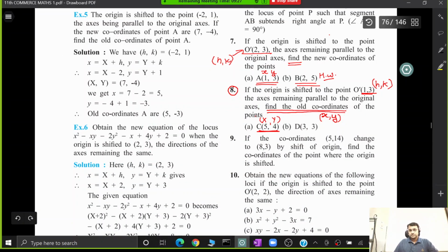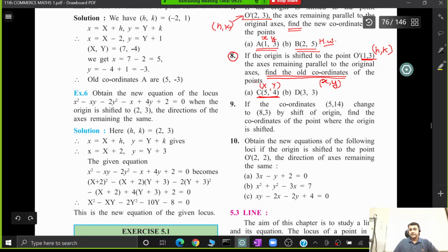Similarly, question number 9. The coordinates 5 comma 14 change to 8 comma 3 by shift of origin. So old coordinates are known, new coordinates are known. We have to find out the coordinates of the point where the origin is shifted.